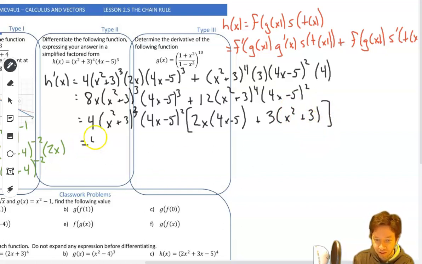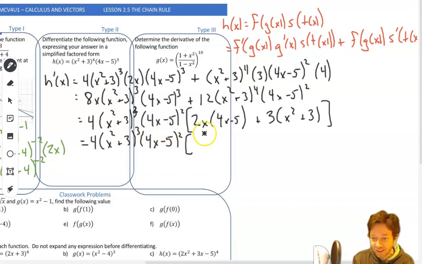Okay, not so bad. Do a little bit more cleaning up here. So we're going to expand these in the bracket. So we'll get 8x squared minus 10x plus 3x squared plus 9.